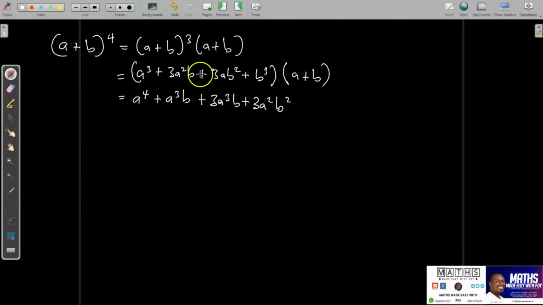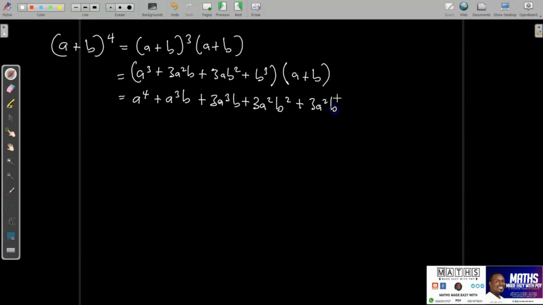Yes, sir. Okay, so I have done the first two expansions. Let us multiply 3ab squared by a and b. What answer are we getting? 3ab squared multiplies a. What do we have? 3a squared b squared.